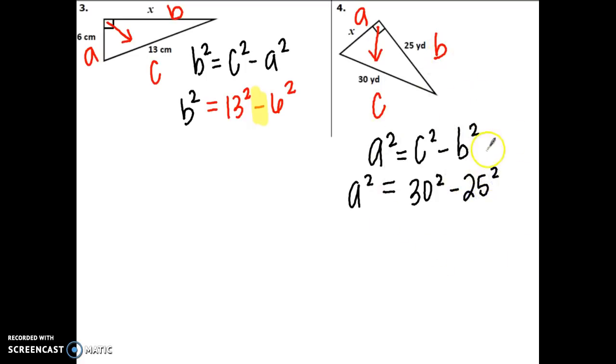From here, you can input all of this into the calculator. So once you've done that, call me over. I will be checking for what you got. And then after that, do numbers 5 and 6 on your own. And do let me know what you got for those two answers as well.